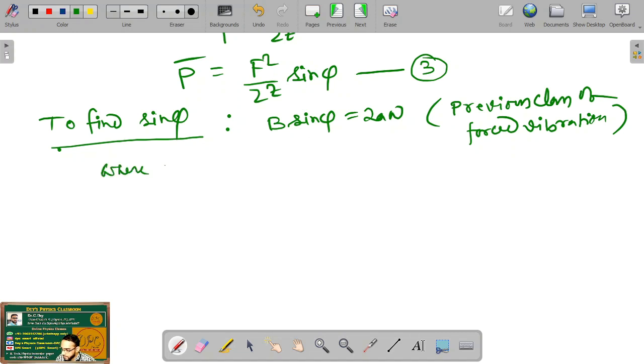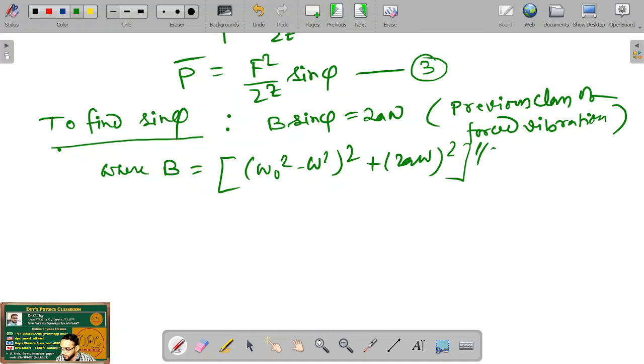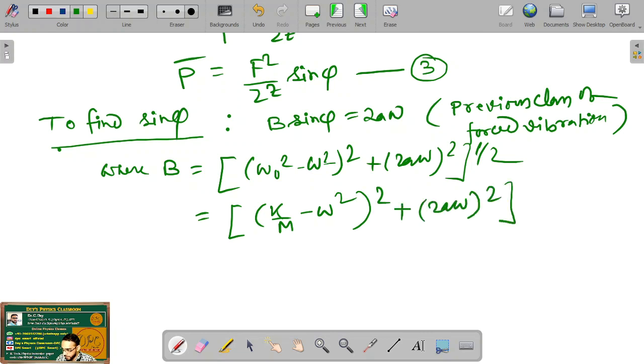where B is equal to (omega 0 square minus omega square) whole square plus (2a omega) whole square, to the power half, which is equal to (k by m minus omega square) whole square plus (2a omega) whole square, to the power half.